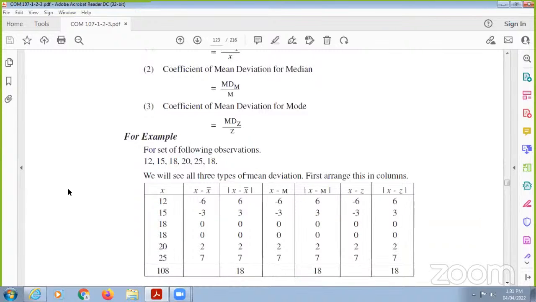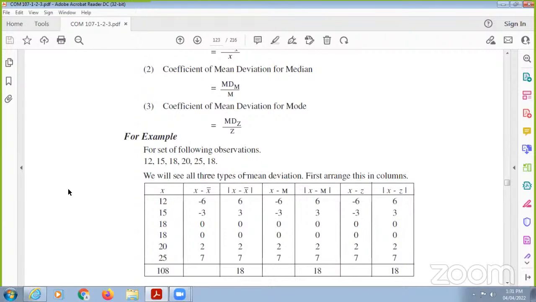In the fourth column you will find x minus M, here minus 6, minus 3, the same as column number 2 here, 0, 0, then 2 and 7 here. In the fifth column, modulus of x minus M, again they are the same as column number 3. Minus is changed into plus sign here, minus 6 is 6, then minus 3 is 3, 0, 0, 2 is 2, and 7 is 7.